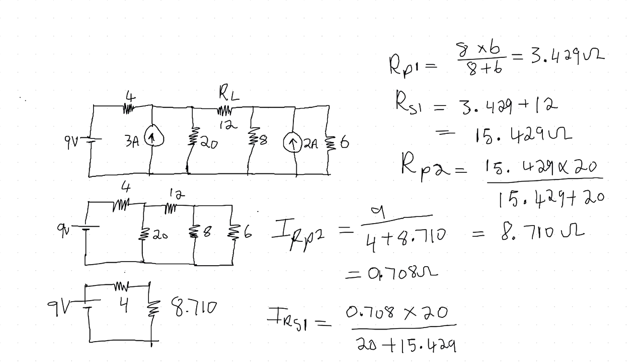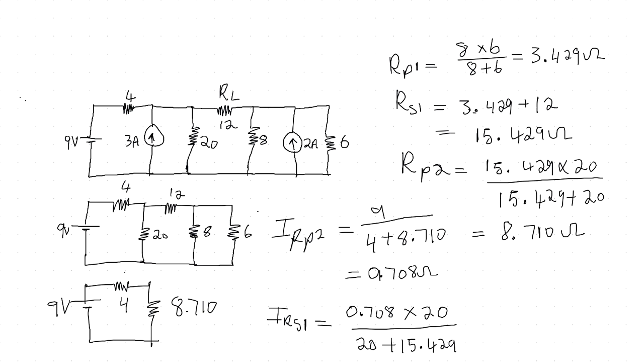So if I get the current through RS1, that means I have the current through the RP1 and my 12 ohm, which is the load resistance. Why? Because they're in series. Remember, RS1 acts as the total resistance of the RP1, which is 3.429, and the 12 ohm.